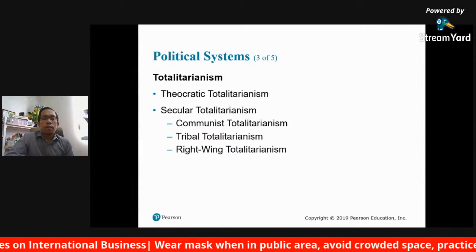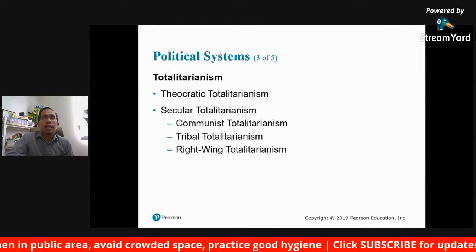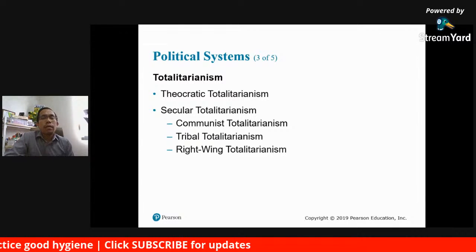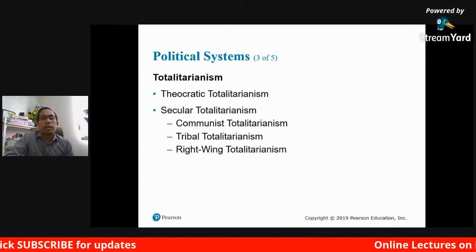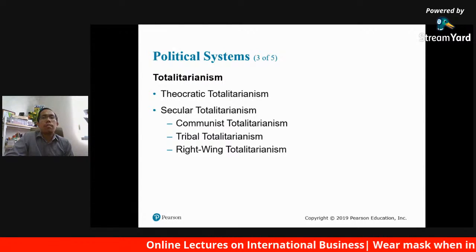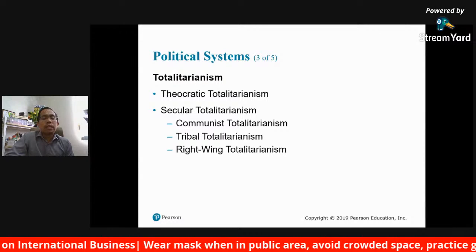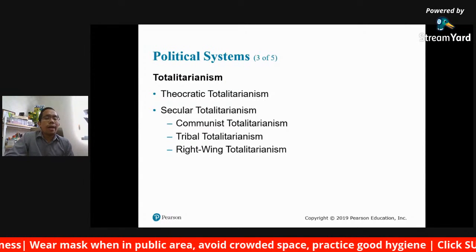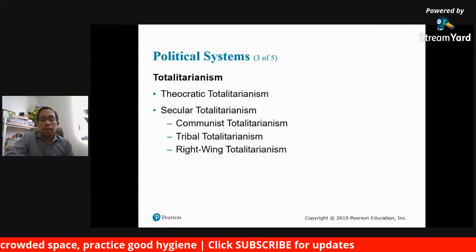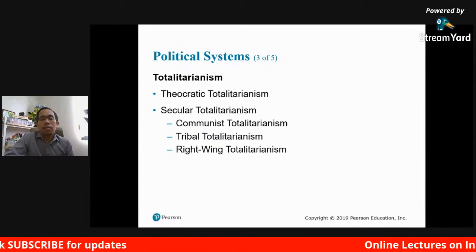Before this it was more of a monarchy, but that power was overthrown and it became a theocratic totalitarianism. Okay, this kind of political system might limit the choice of the people in their own market.